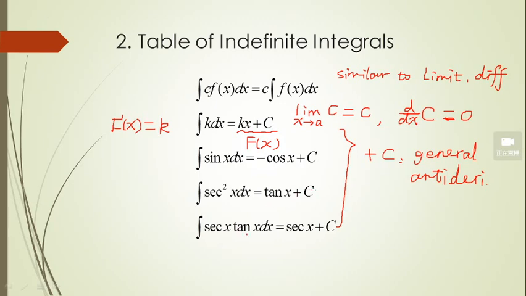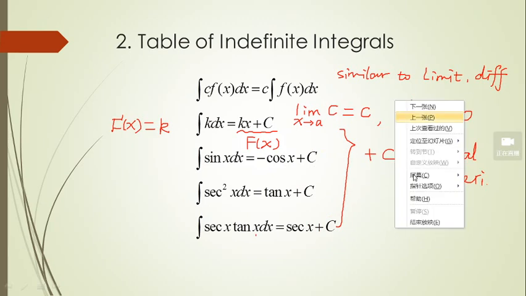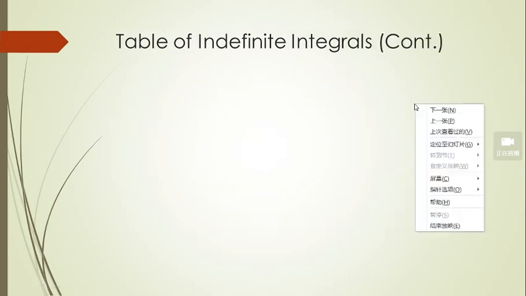Secant x tangent x: the derivative of secant x gives secant times tangent, right? And we add plus c, which means the indefinite integral, as I said, is the general antiderivative. So don't forget the constant part. So those will be easy. It's like we recall the derivative part, okay? Let's see more.